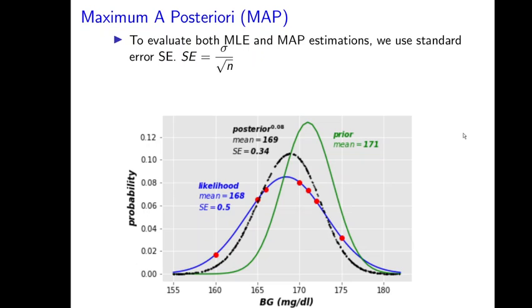It is calculated by dividing the standard deviation by the square root of the number of observations. And as you can see here, the standard error of the posterior is 0.34, which is less than the standard error of the likelihood.